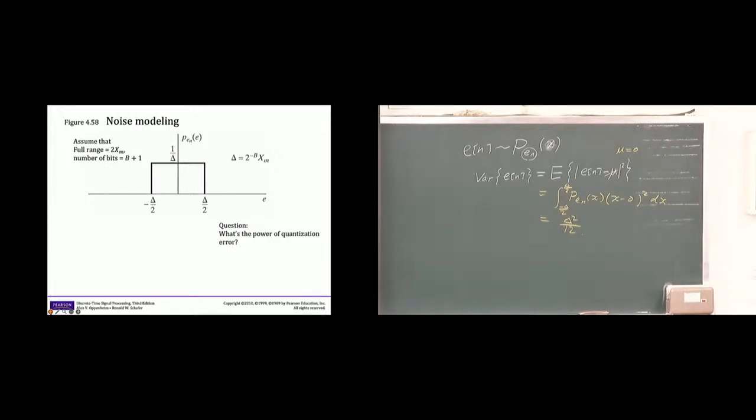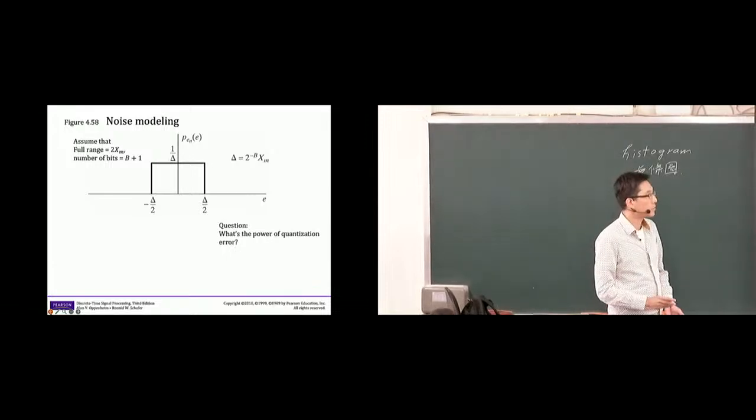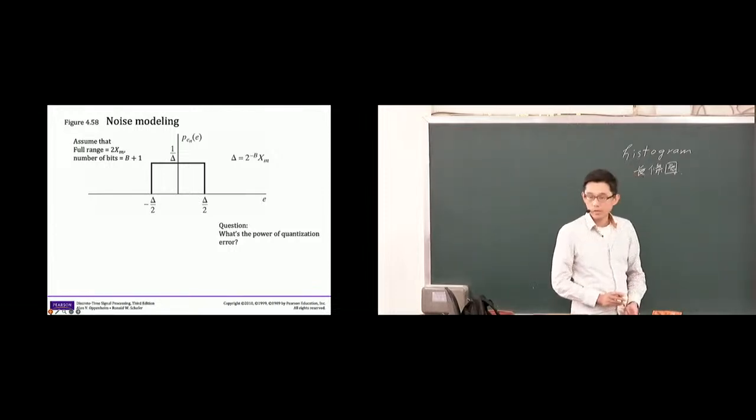So for each sample we can talk about the expected value and the variance of this random variable. You can really calculate the power as the expected value of the square of the approximation error.